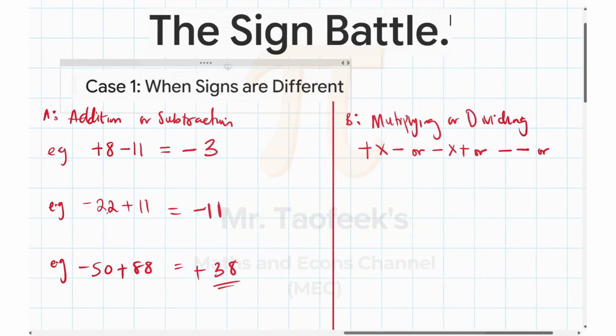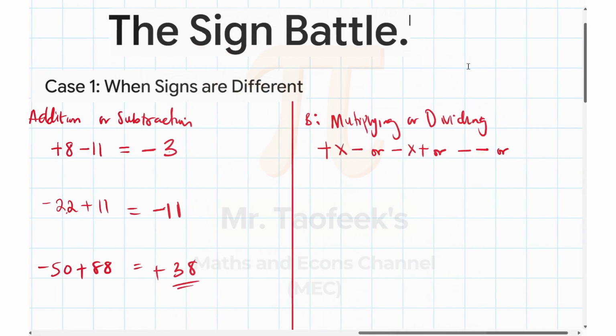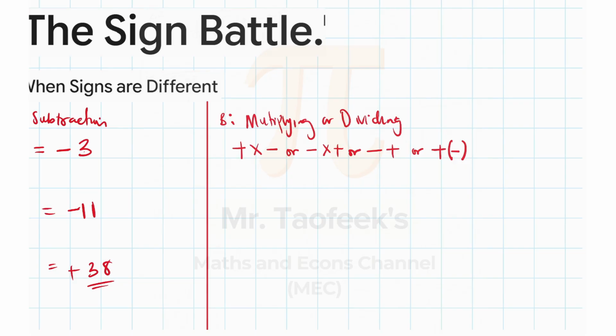If you look at the addition and subtraction, you can see that you have a sign, you have a number, and then a sign, and then a number. So this is clearly addition or subtraction, okay? But when you see a times between two signs, whether plus times minus or minus times plus, or you even see two signs just lying side by side, minus plus, because we're dealing with different signs, or you see a sign outside the bracket and then another sign inside the brackets, whereby there is no number between them, plus, minus, all this indicates that they are multiplying.